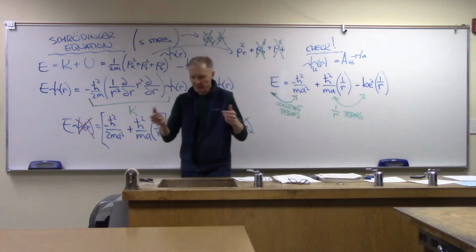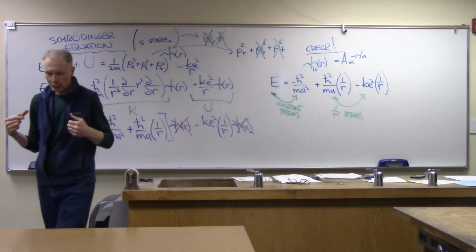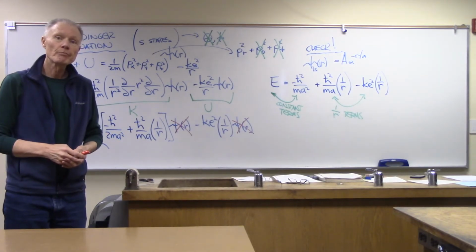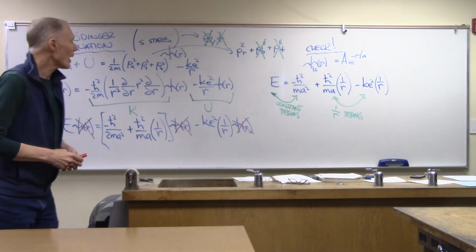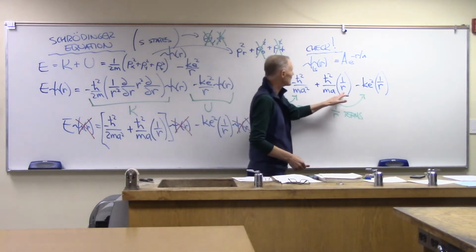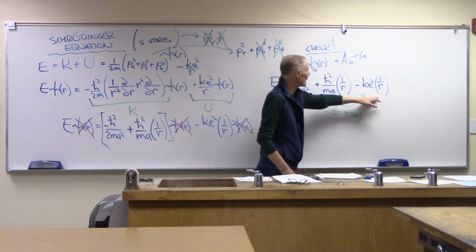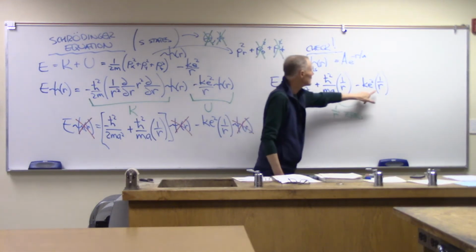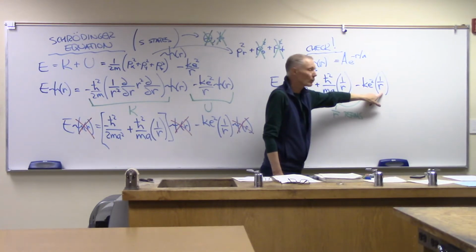In order for this to be a solution of the differential equation, all of the little r dependence has to go away. The way I can make sure of that is to make sure that every term that contains a certain number of powers of r cancels out another term with the very same power.